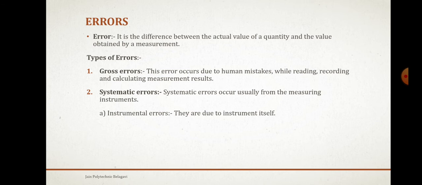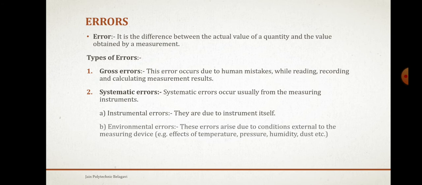They are due to the instrument itself. For example, in the PMMC, permanent magnet moving coil, there will be friction in the bearings, irregular spring tension, stretching of the spring, like that. Then the next one, environmental errors. Environmental errors are due to conditions external to the measuring device, such as temperature, pressure, humidity, dust, etc.